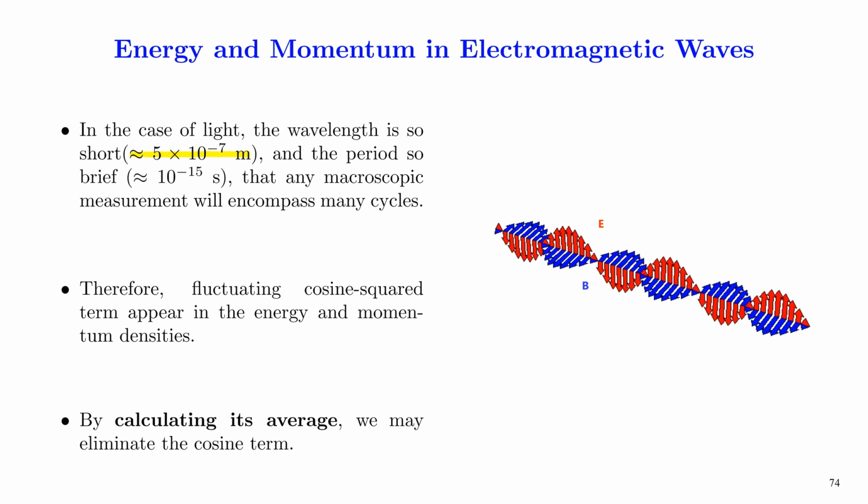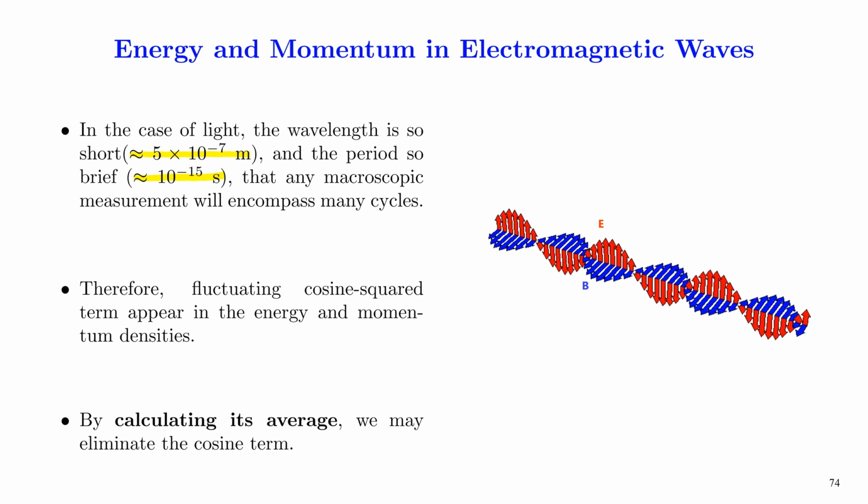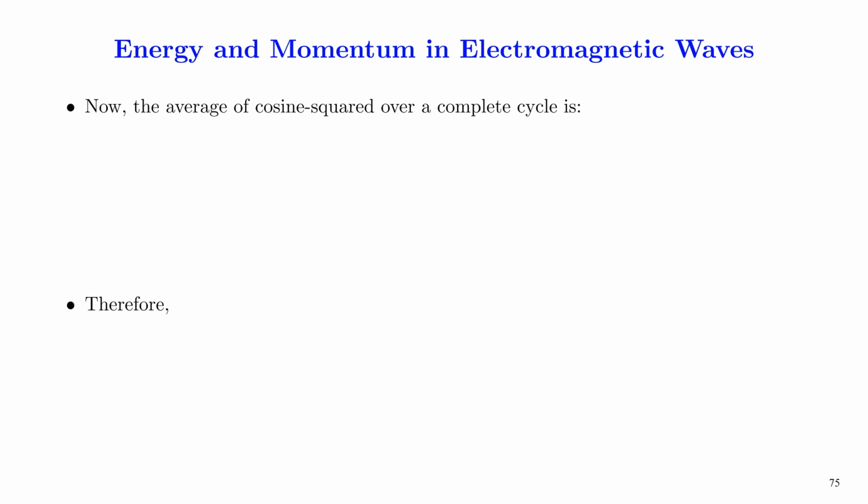That is, the fluctuating cosine squared term appears in the energy and momentum densities. We can get rid of this fluctuating cosine term by introducing its average value. The average value of the cosine squared term over a complete cycle can be shown to be equal to half.